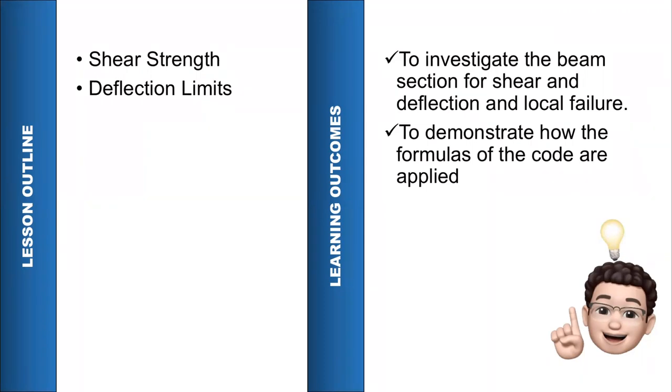Okay? Also, outcome natin, we will try to investigate yung beam section for shear and deflection. So yung local failure, this will be included na lang in your next steel subject. Then to demonstrate how the formulas of the codes are applied, meaning when it comes to shear strength and deflection limits.